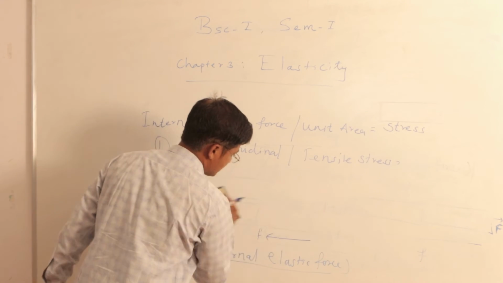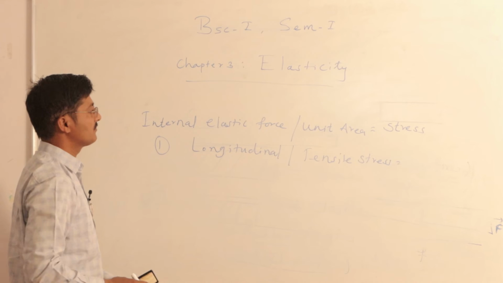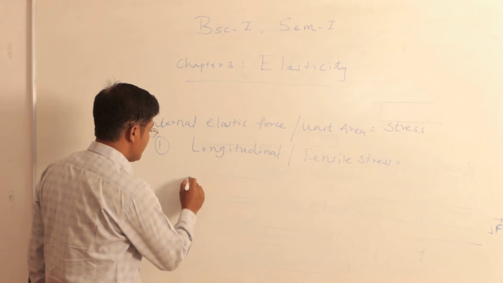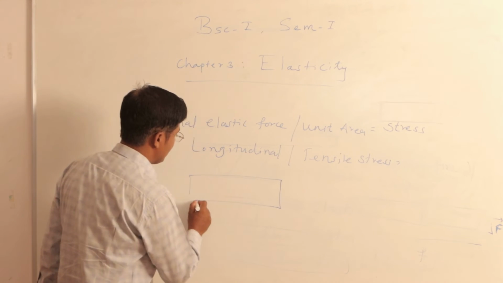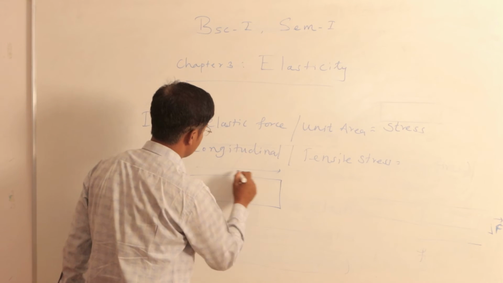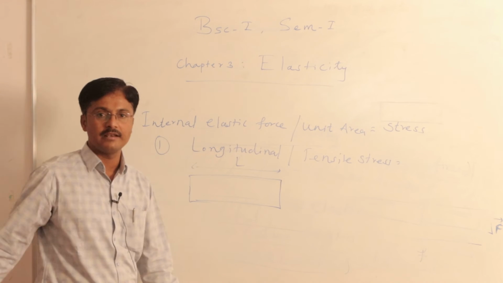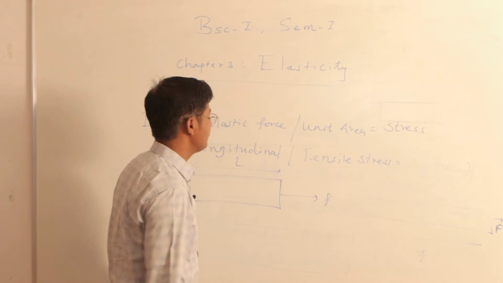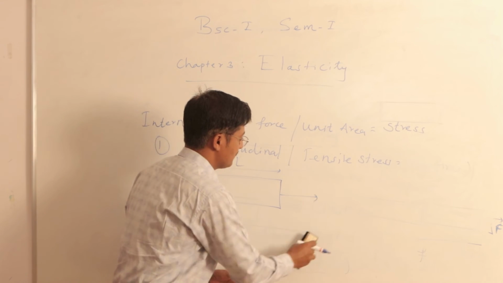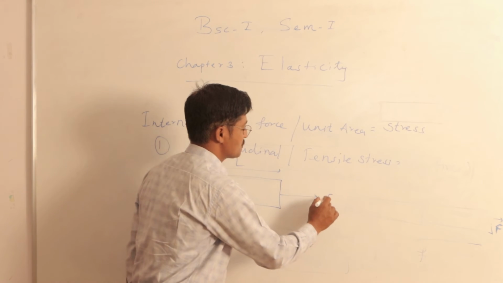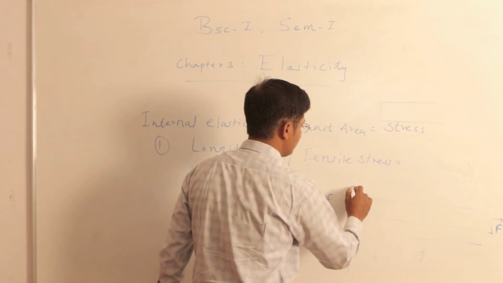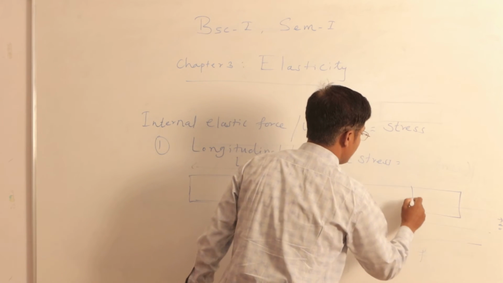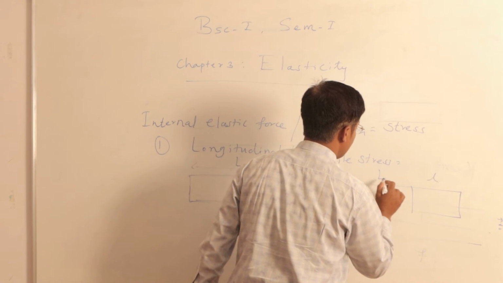Longitudinal or tensile stress. Now, in this stress, there is a change in length of the body by the deforming force. Here capital L is the original length. By applying deforming force capital F, there is a change in the length of the body by an amount small l.